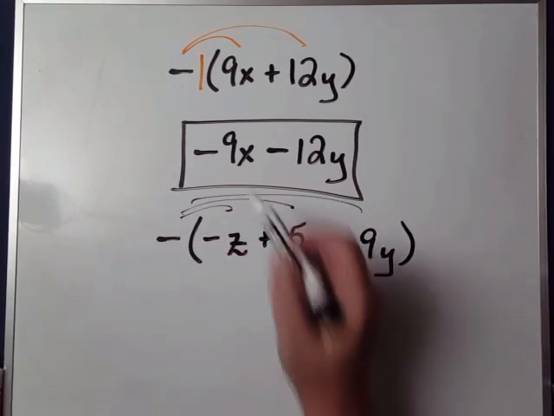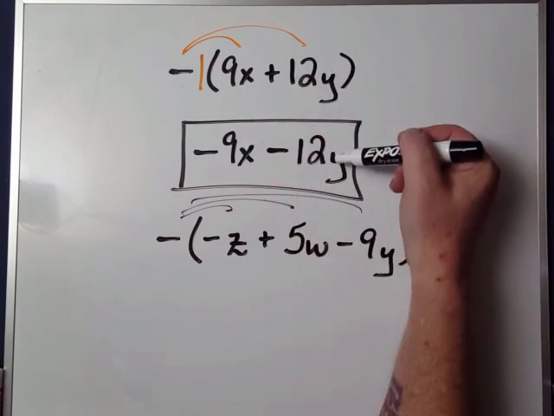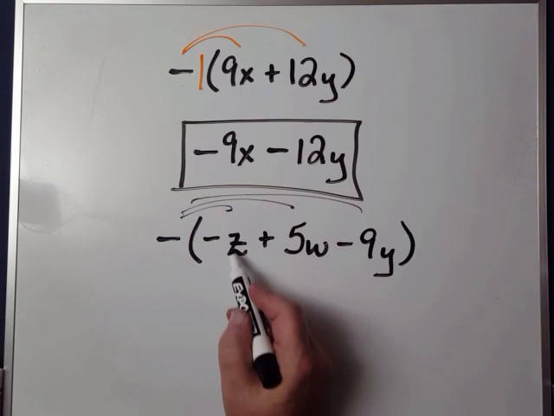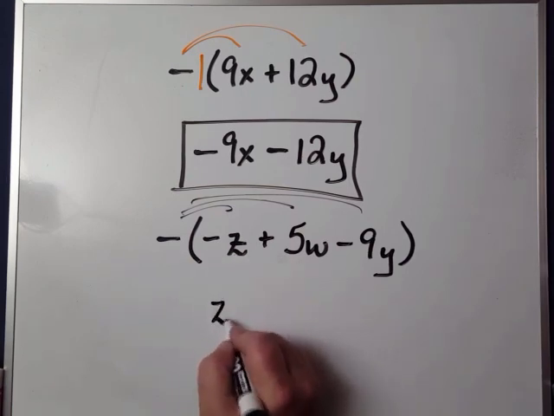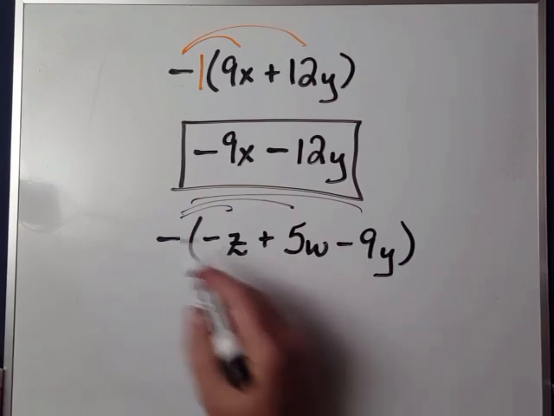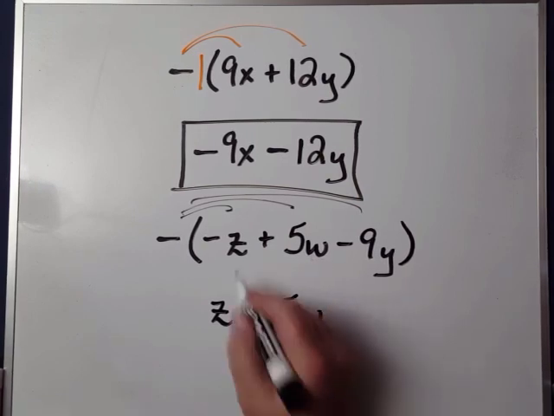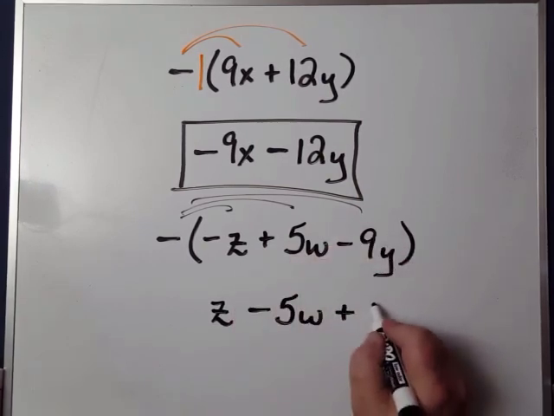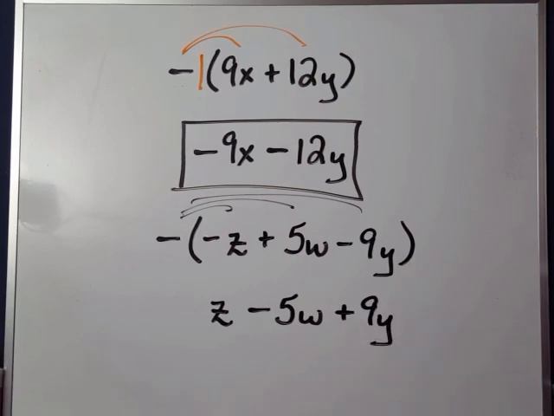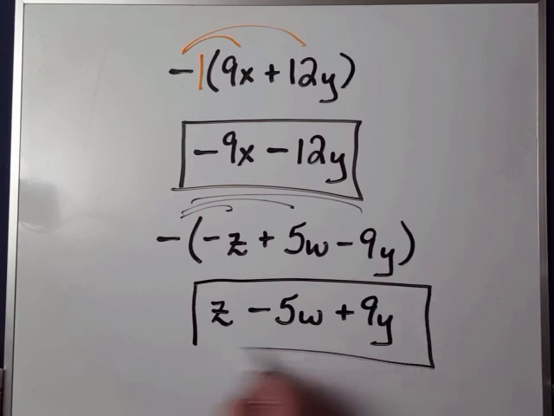The effect is to do what? Change the sign on every term. So you distribute a negative to this minus z, you get a positive z. Distributing the negative to the middle term gives me minus 5w. And to the last term, plus 9y. Distributing a negative simply has the effect of changing the sign on each term in the parentheses.